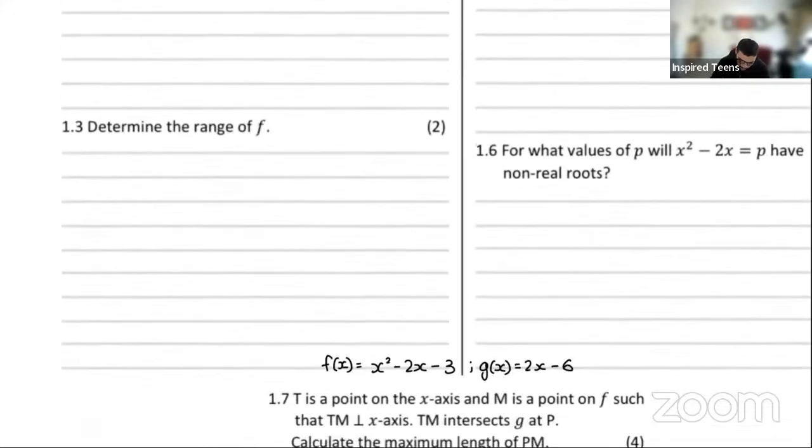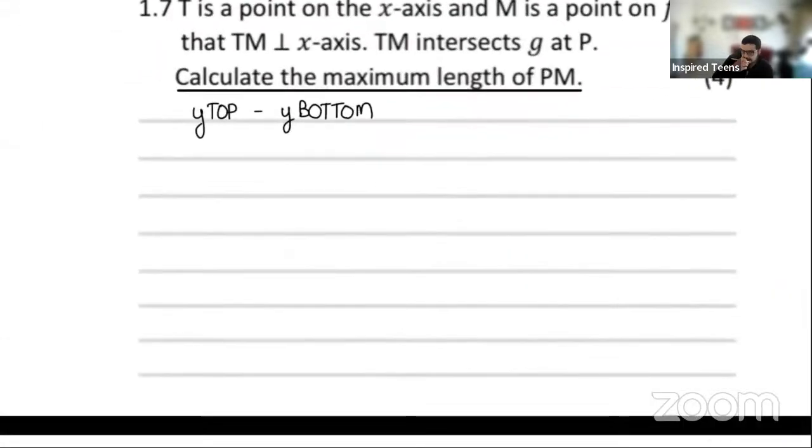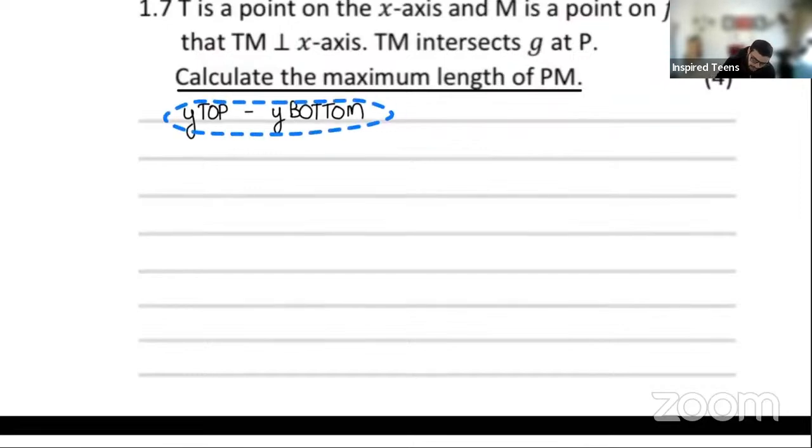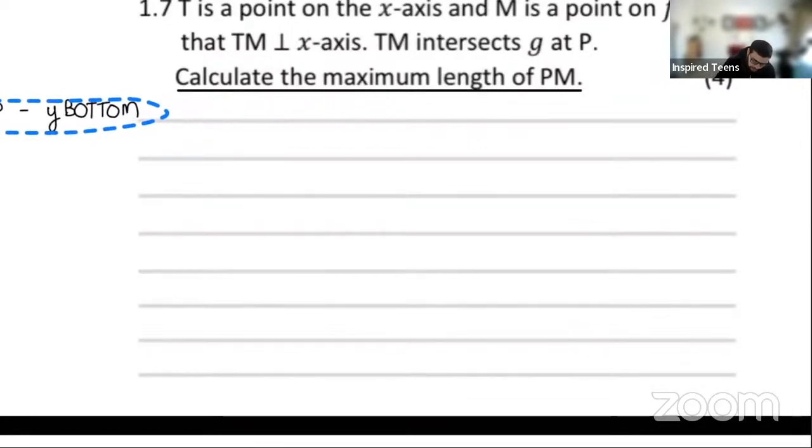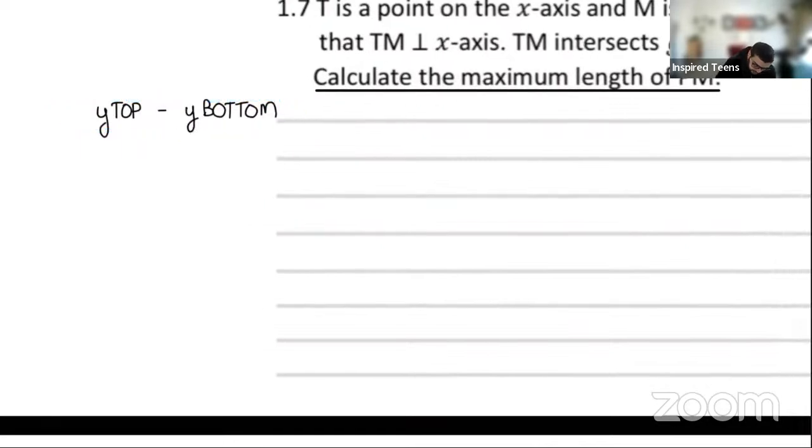That's why they want us to calculate the maximum. Whenever they discuss maximum or minimum, you don't need that particular y coordinate. Y top minus y bottom is essentially the top equation minus the bottom equation.